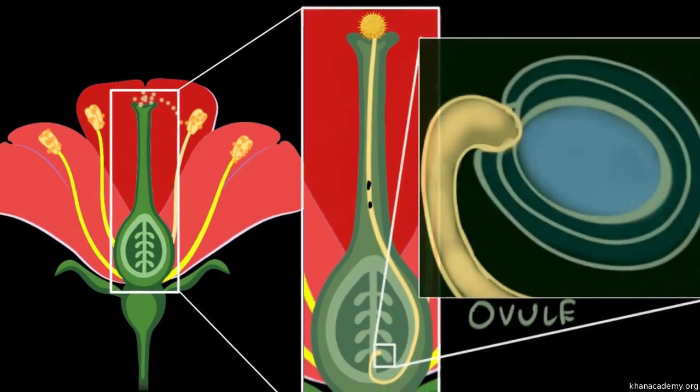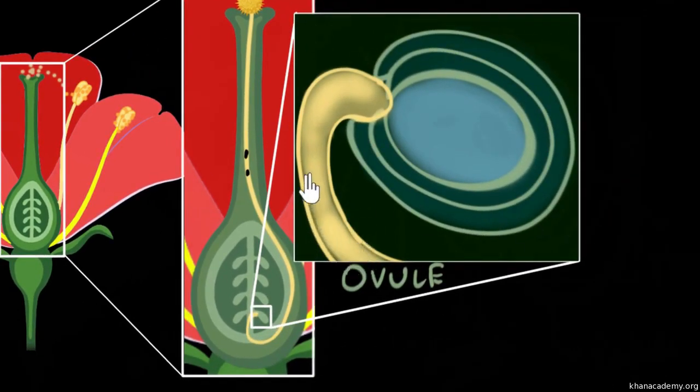So here is the zoomed in version of that ovule. This is that same pollen tube, and this is that ovule, the single ovule I have zoomed in over here. Now, if you look inside the ovule, you'll find the egg cell. That's where the sperms need to reach. But here's the thing. The ovule doesn't only contain egg cells, it also contains some other cells as well.